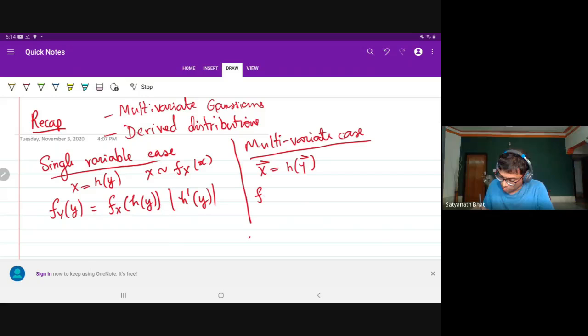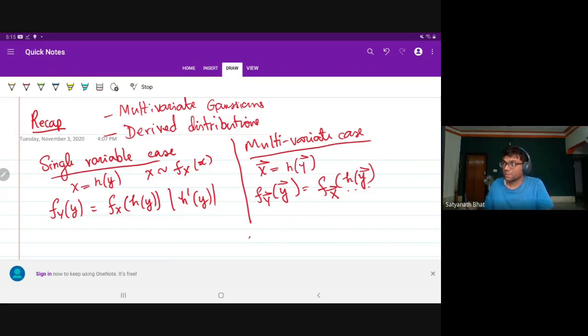So fy of y, these are all vectors now, is fx of h of y, where all the x1, x2, up to xn are represented in terms of y, so there will be multiple components. And then we have the absolute value of the determinant of h with respect to y.